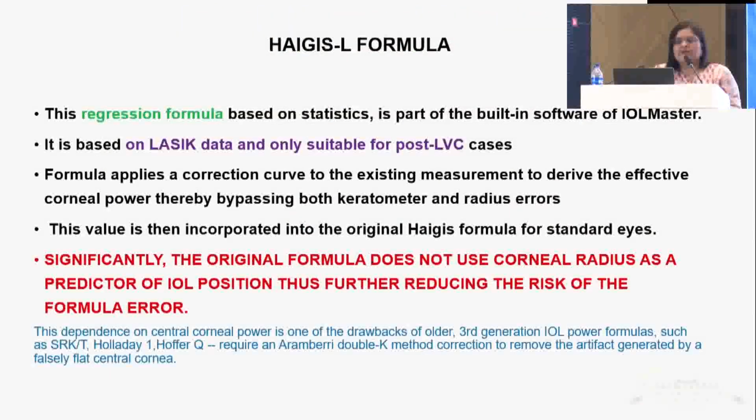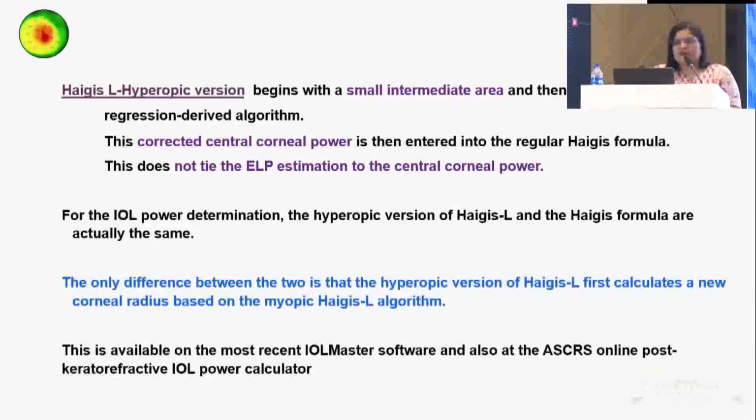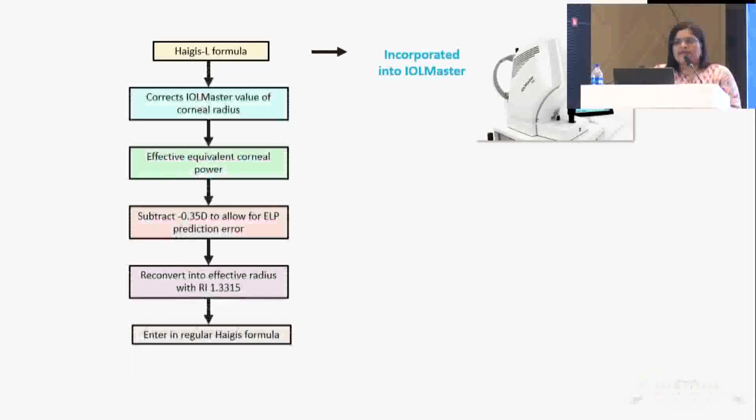I'll talk a little bit about the Haigis-L formula. In Haigis-L formula, we have 2 versions: the Haigis-L and the Haigis-L hyperopic version. The only difference between the two is that the hyperopic version of Haigis-L first calculates a new corneal radius based on the myopic Haigis-L algorithm. Now, Haigis-L formula corrects the IOL value of corneal radius.